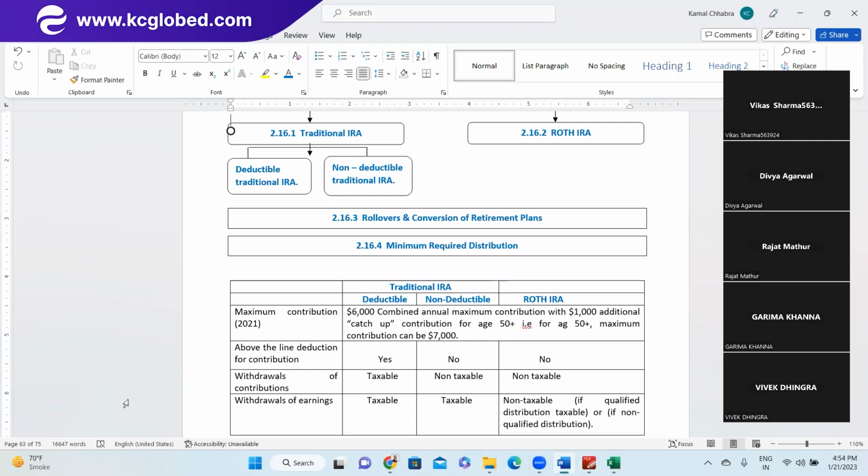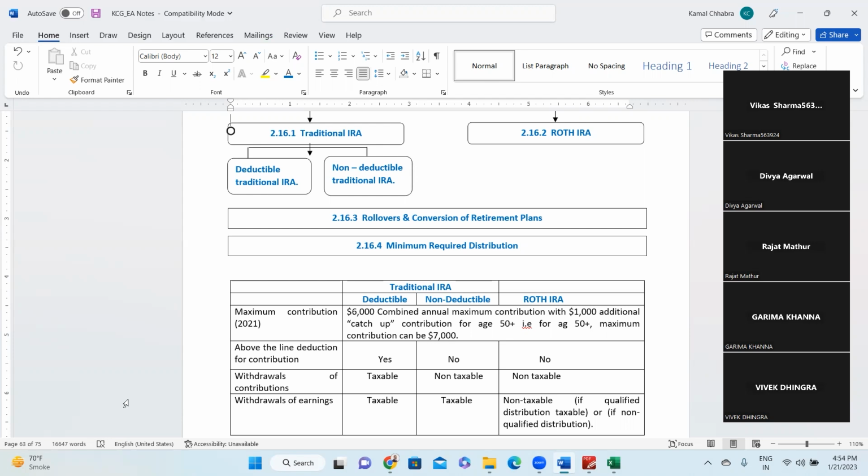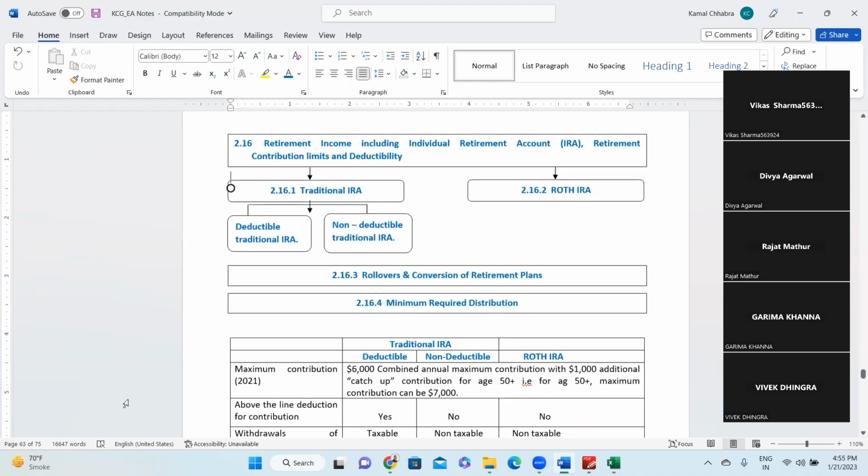And lastly, we'll understand the minimum required distribution. After the age of 59.5 years of the individual making the contribution, certain distributions are mandatory. Got it, everyone? So the 5 things we'll cover are traditional IRA, deductible, non-deductible, Roth IRA, rollover and conversion, and minimum required distribution of IRA.